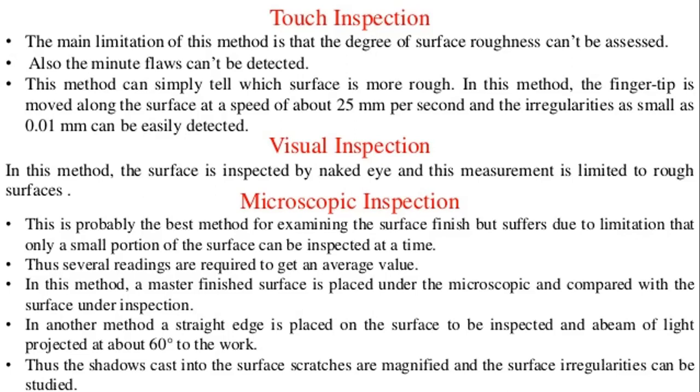This allows shadows to be cast into the surface scratches, which are magnified in the lens of the microscope, so the surface irregularities can be studied easily with the help of these microscopes.